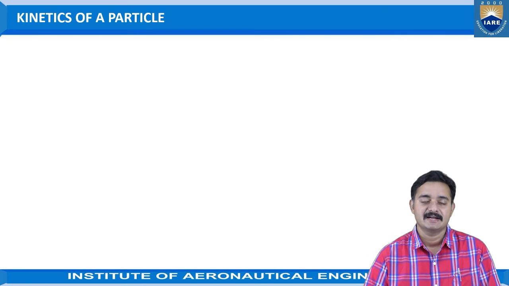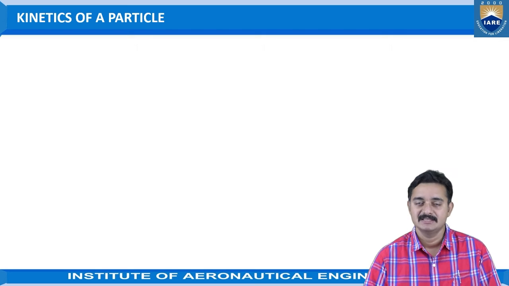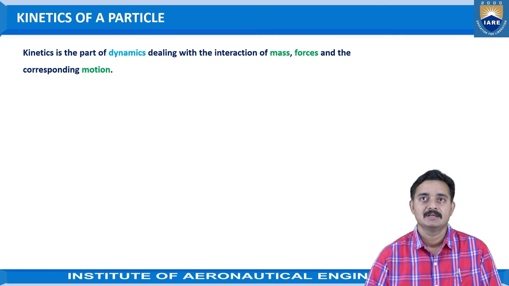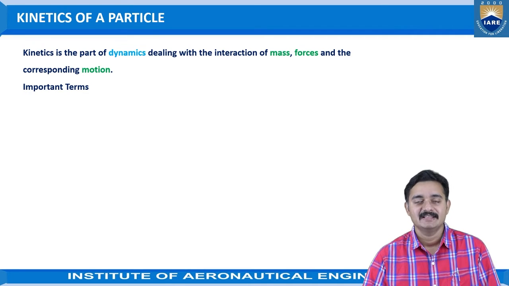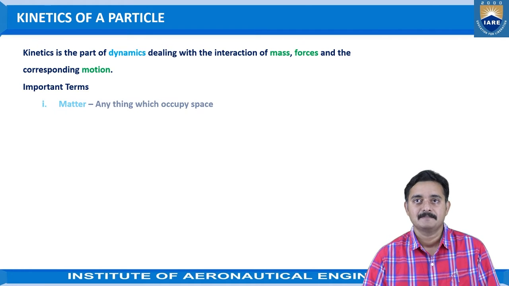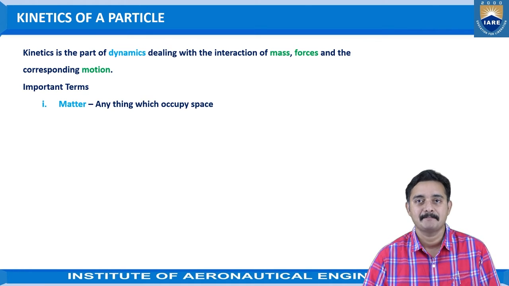So now let us understand what the kinetics of the particle is all about. Kinetics is defined as the part of dynamics dealing with the interaction of mass, forces and the corresponding motion. The important terms that are involved in the kinetics of the particle are, first one is matter.